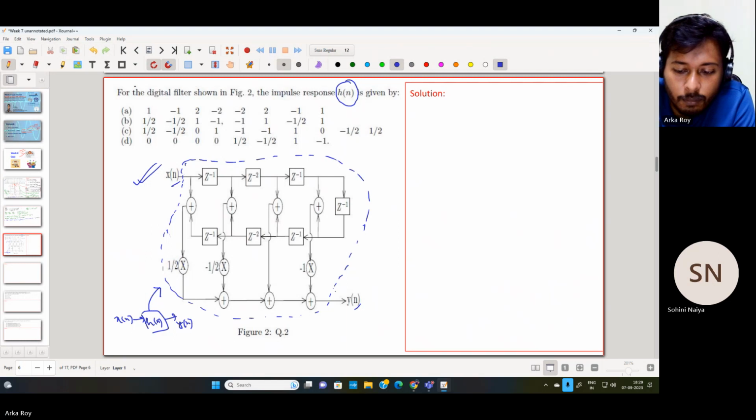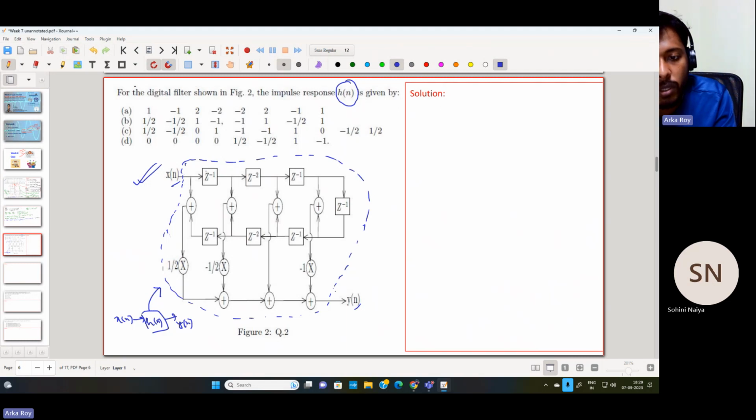Okay. So for this particular system, let me start writing the relation between y(n) and x(n). The relation can be observed as follows: there are three adders. One output is coming from here, then there is a second output. Then these two are added, so these two will be passed through this adder, and then the third component is added over here.